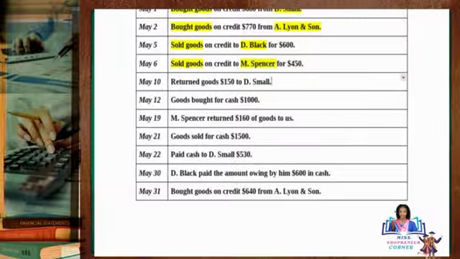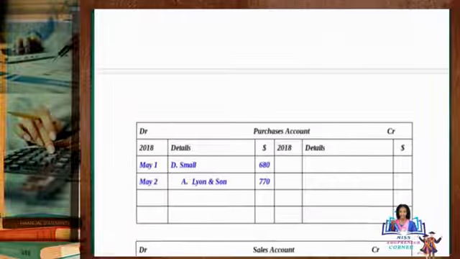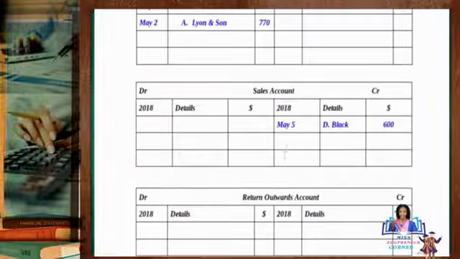So again, we're going to go to our sales account and we're going to make a credit entry. So May 6, Spencer should be in the detail, and the amount is $450.